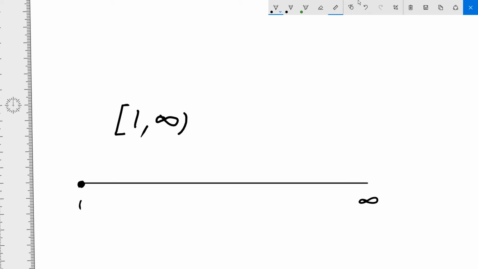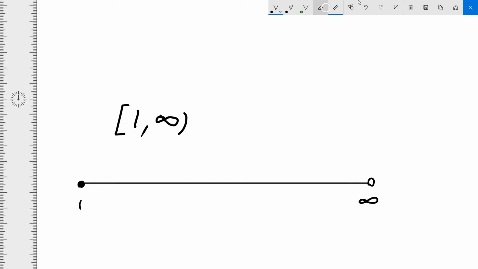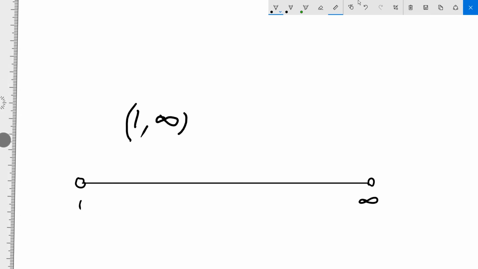We have the infinity sign, but we have a hollow circle at the end instead of a solid one. If we had something like this, that means we're not including 1, but the number right after it, infinitely small, is included.